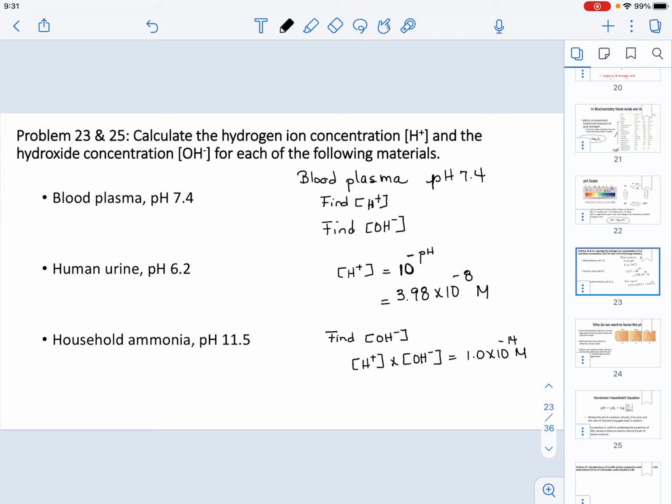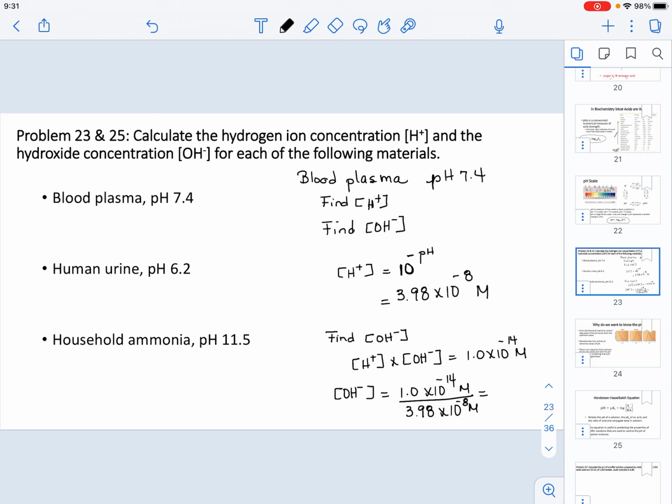So taking this into account, and because in the first part you already calculated how much proton concentration we have, to find OH you can say the concentration of OH is going to be 1.0 times 10 to the negative 14 molar divided by 3.98 times 10 to the negative 8 molar.